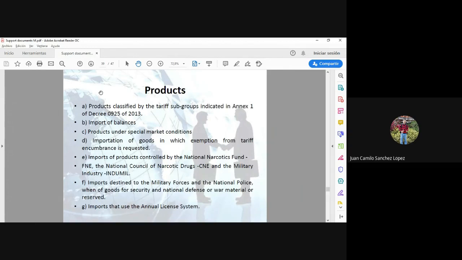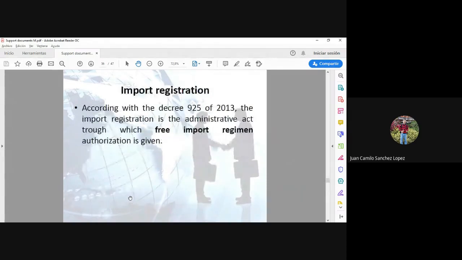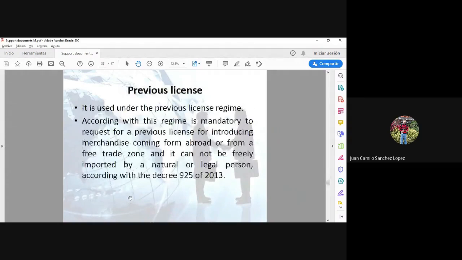And here there is other information depending on the product. For the exercise that we're going to do in the final workshop that you have to present, you are not going to use those products. You will use the import registration. You won't get the previous license. But it is important that you know that there are some products for importing.